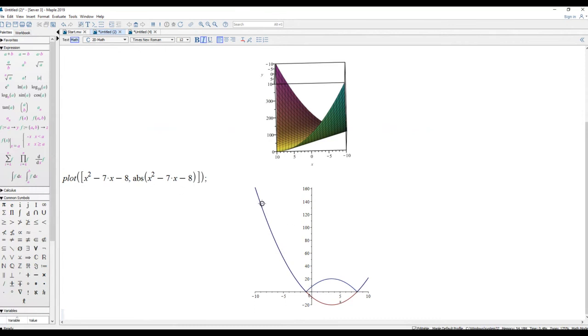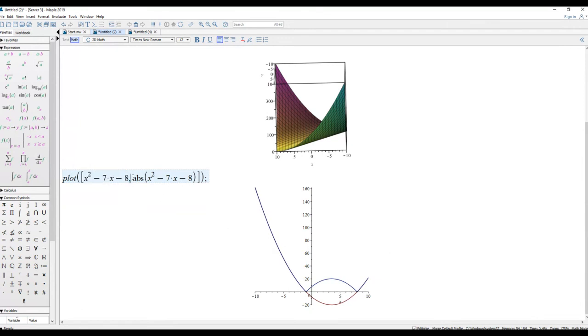So there it is. All that's really happening there is you can sketch the regular parabola here, and then the idea is to fold the negative part back along the x-axis, so you have this reflection.